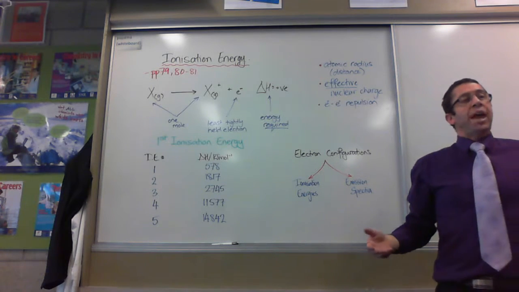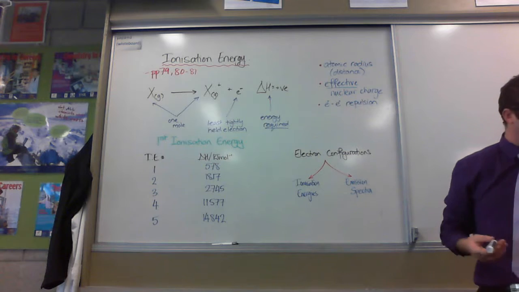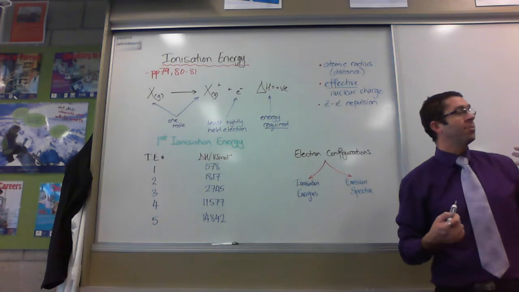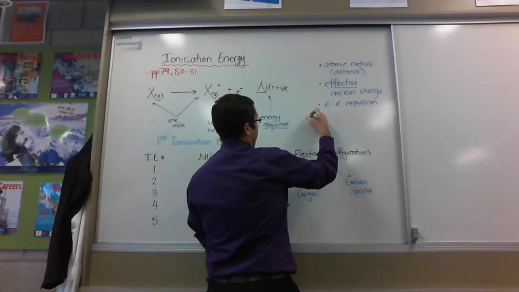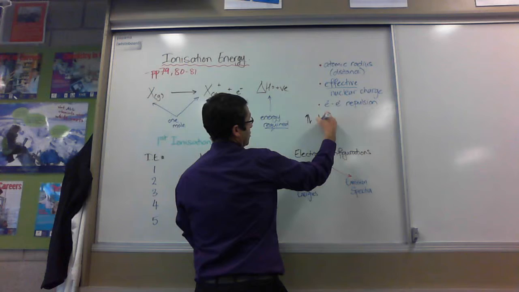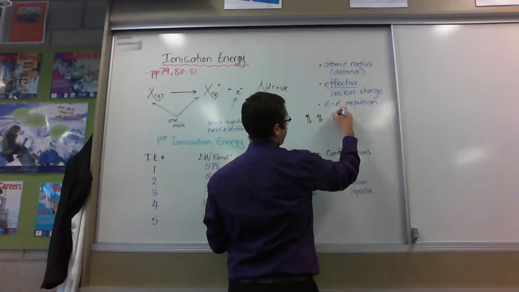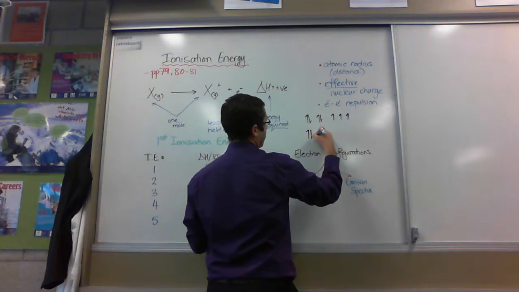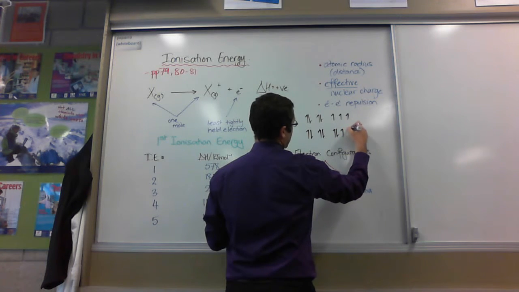Of course, the more electrons we have in an energy level, the more they should repel each other. This really comes in when we look at something like, let's say, comparing nitrogen to oxygen. Okay, nitrogen is 1s2, 2s2, and then 2p3, whereas oxygen, being the next element, is 2p4.